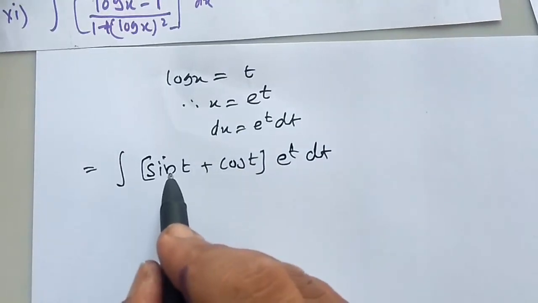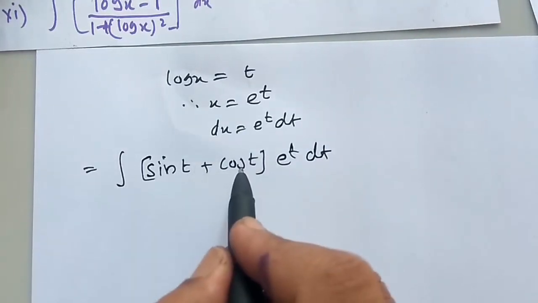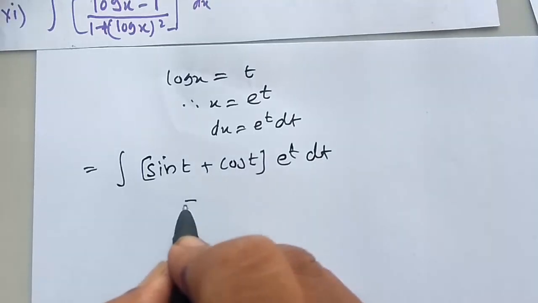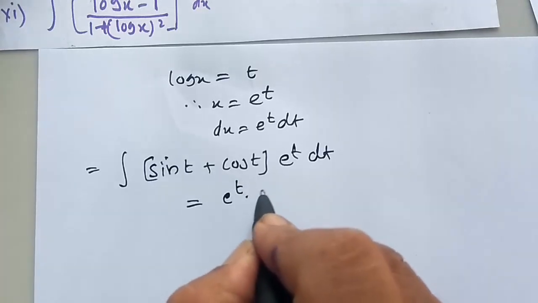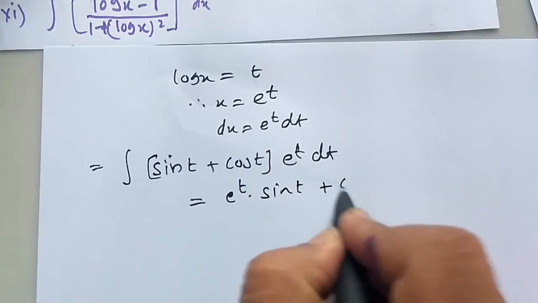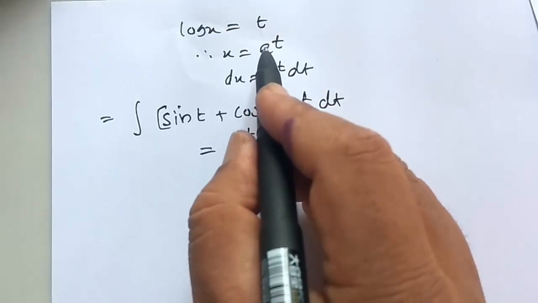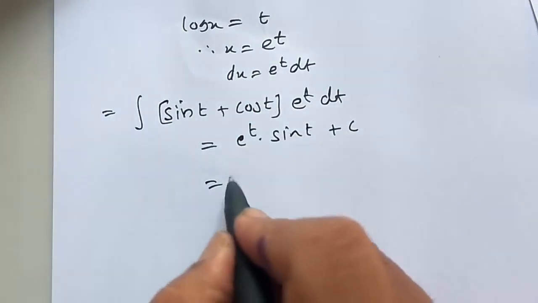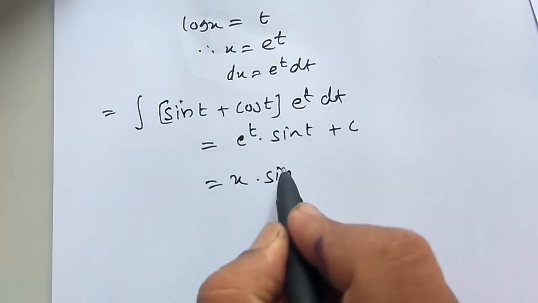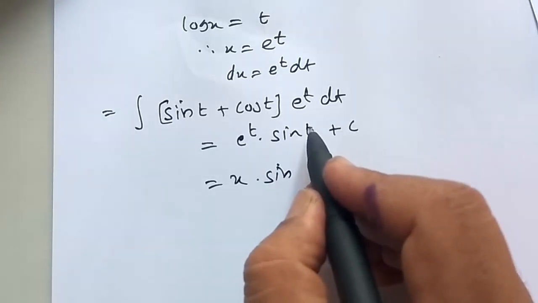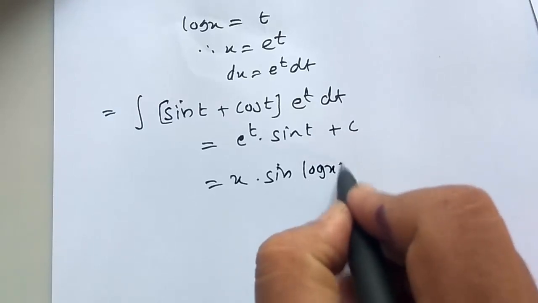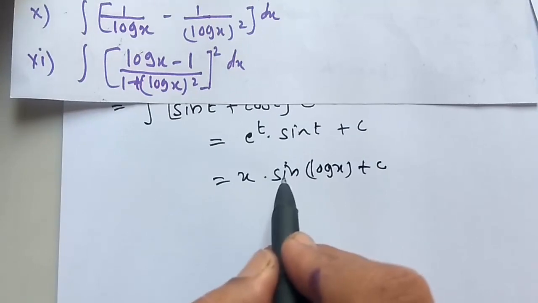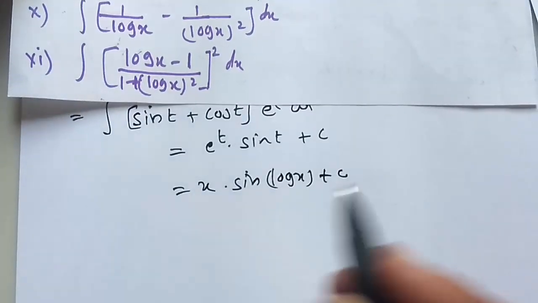Now if you take f of x is sin x, its derivative is cos x, and so its value is e raised to t into sin t plus some constant, is equal to e raised to t is x, into sin of t is equal to log x, plus c. So the answer of this example is x into sin log x plus c.